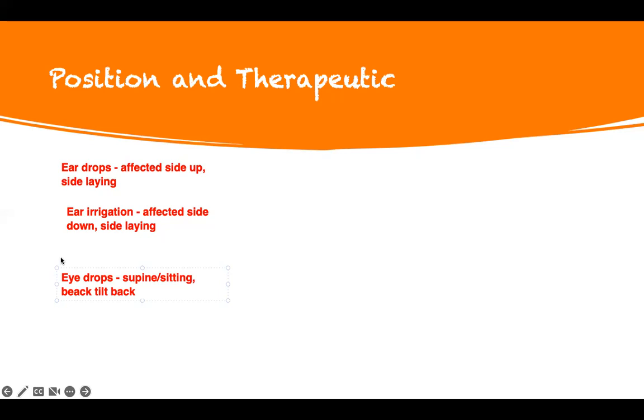So my head is tilted back but rotated towards the affected side, so that when you put a drop, it can go all the way along the conjunctiva and you can get a good effect. But it's turned towards the affected side.